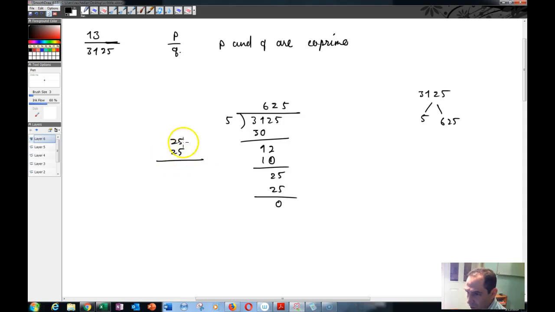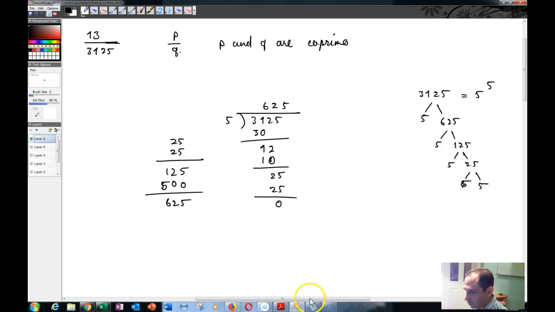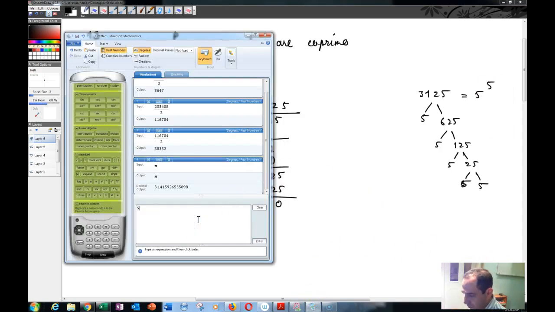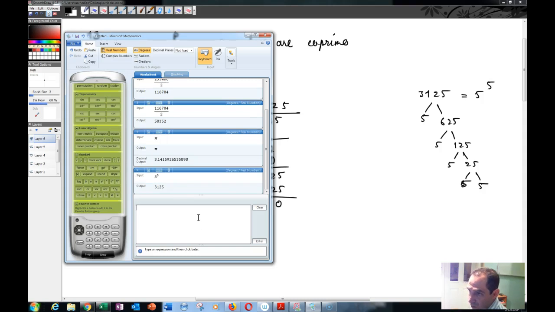So 625 is the same thing as 125 times 5, and 125 is 5 times 25, which is 5 times 5. So then 3125 is the same thing as 5 raised to the power 5. Okay, so 5 raised to the power 5 is equal to 3125.